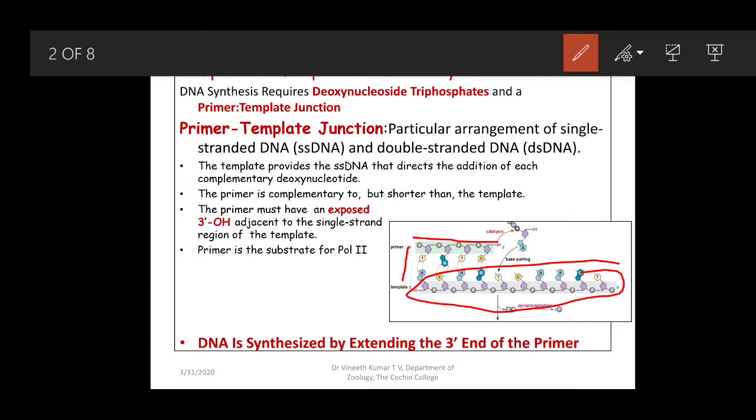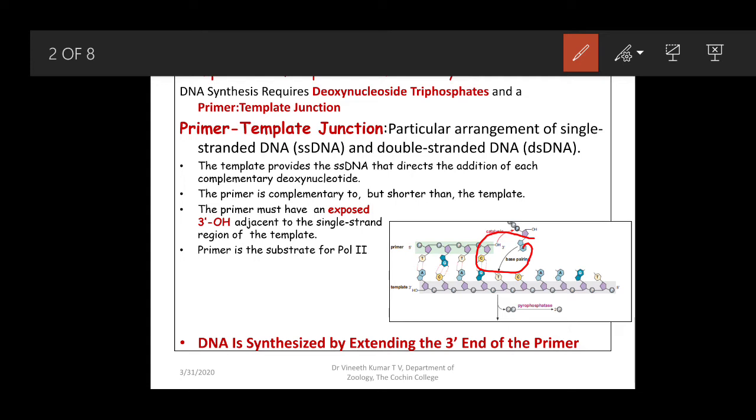The major thing, as you can see in this diagram, is that after the primer is added, you can see an exposed 3' region here. This exposed 3' region is mainly important for DNA replication to occur.